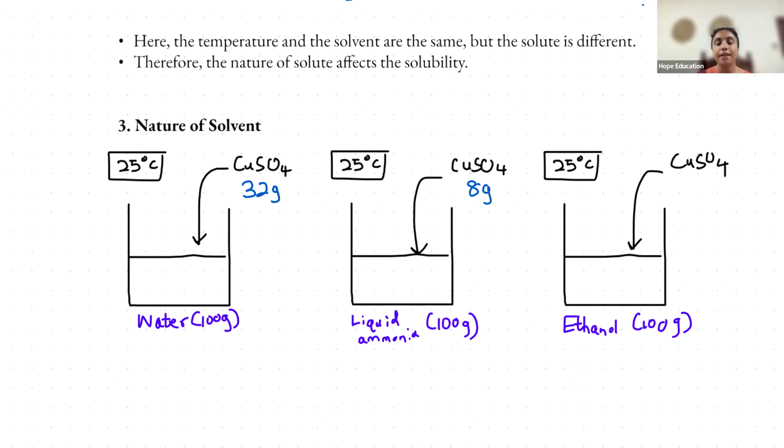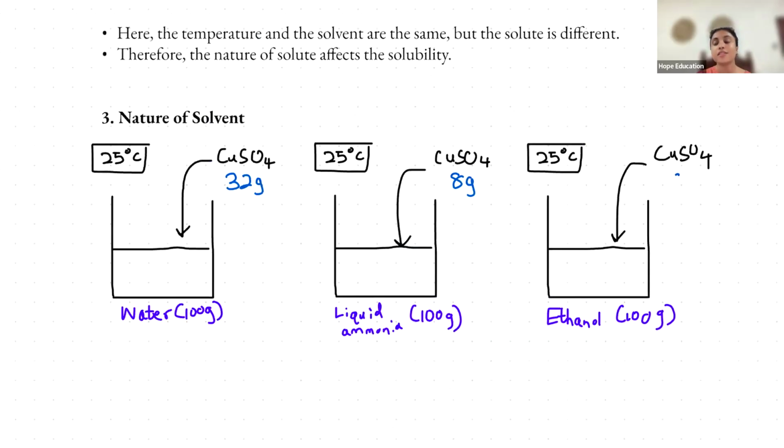Copper sulfate solubility in ethanol at 25 degrees Celsius is 0.1 grams. You can see that the solubility values are significantly different. Temperature is the same, solute is the same, but what is different here? The solvent is different. Because the solvent is different, the solubility has changed.